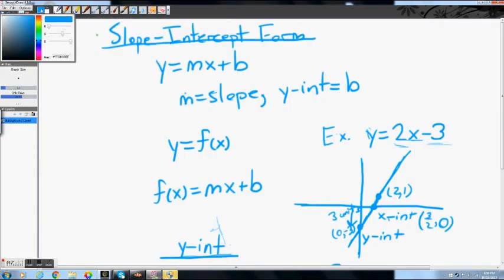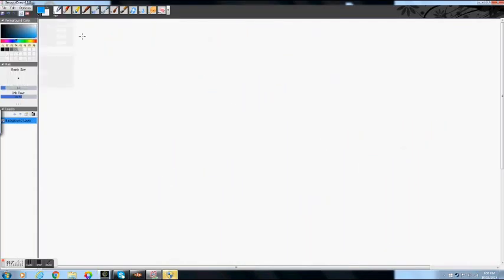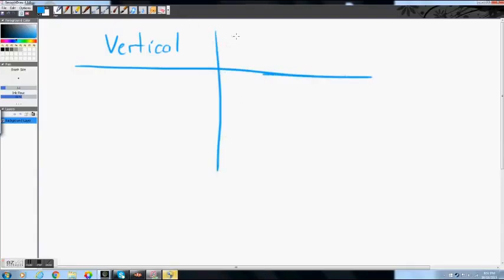So we're going to look at one other case. We're going to look at vertical lines and horizontal lines, well, the functions for those.